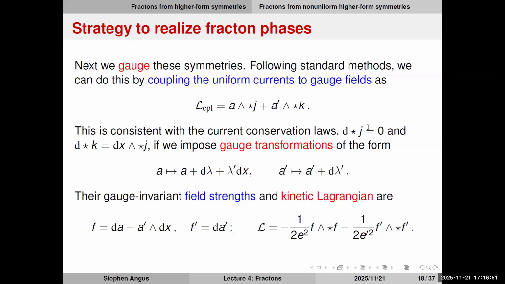Then we can just write down their Lagrangian in the standard way: f wedge star f, which is just the Maxwell Lagrangian in differential form notation. It's not Lorentz invariant here, right? Because of this dx.